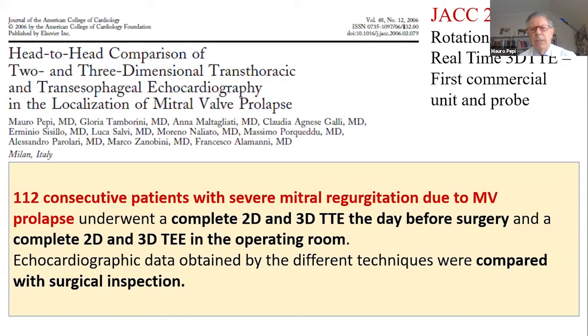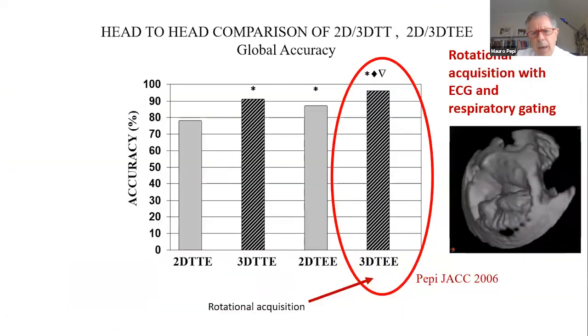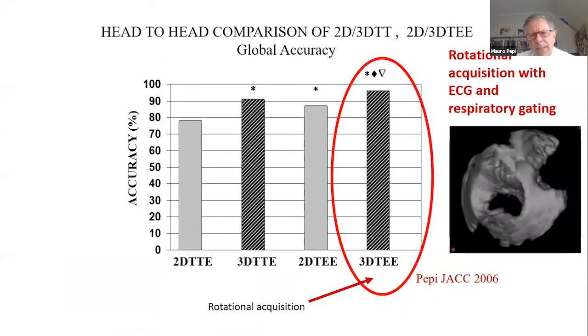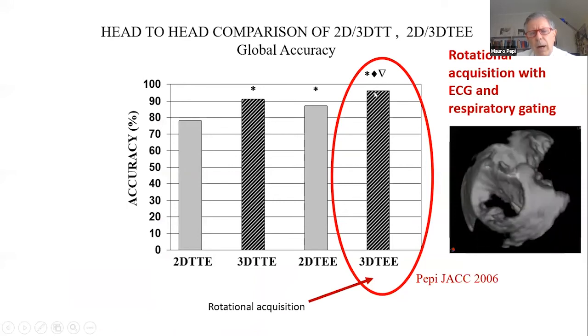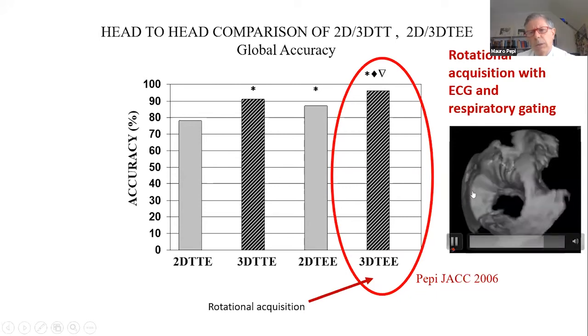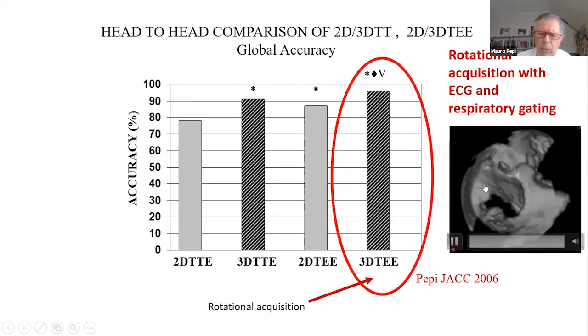In 2006, we first described the head-to-head comparison of all these technologies, 2D versus 3D. 94% accuracy in the evaluation of the scallop with the old rotational acquisition.